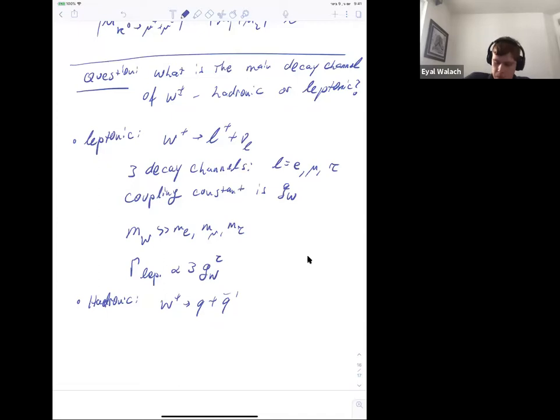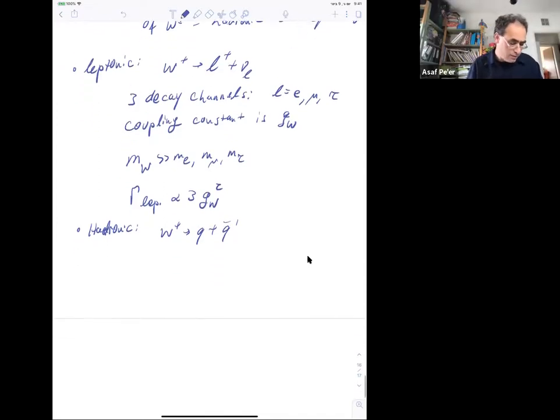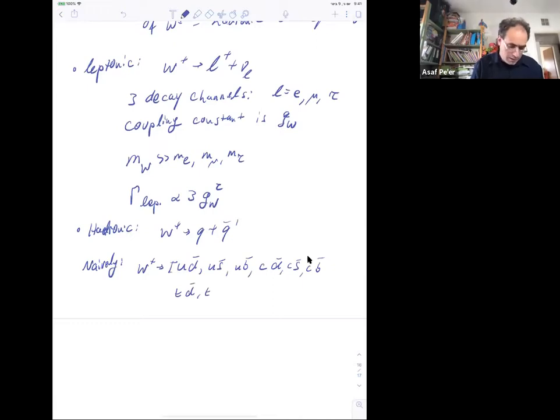You have 3 generations of quarks and 3 generations of anti-quarks. So naively, we can write down W plus would go into up anti-down, up anti-S, up anti-B, charm anti-D, charm anti-S, charm anti-B, and then top anti-D, top anti-S, and top anti-B.